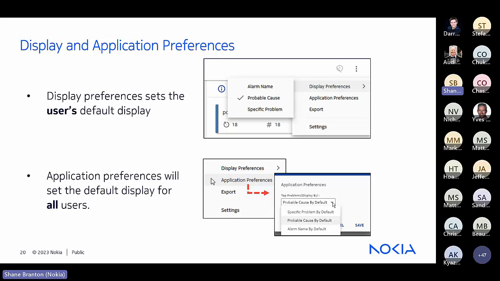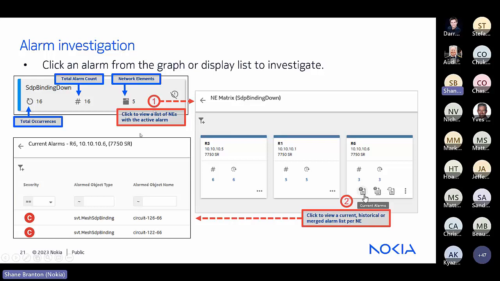Probable cause is always great for troubleshooting. Lots of times the probable cause will help lead you to what the problem may be. So you might want to see the probable cause instead of the actual alarm name or specific problem as well. These are really just attributes in the alarm that you'd rather view in that list. It's really all it is.